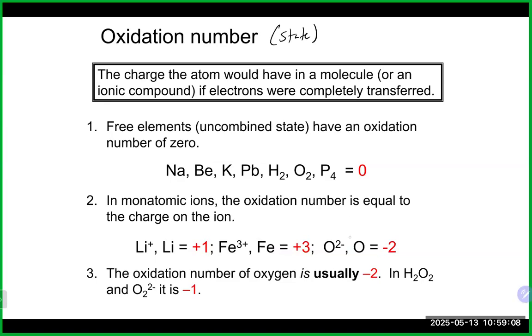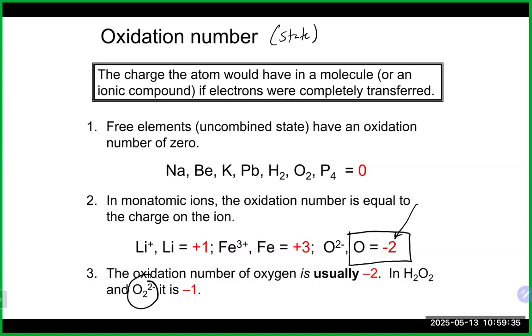Our friend oxygen is probably the best place to start in most cases, and oxygen is going to be -2. There is a situation where oxygen is not -2, and that's peroxide, a polyatomic ion, like in hydrogen peroxide.